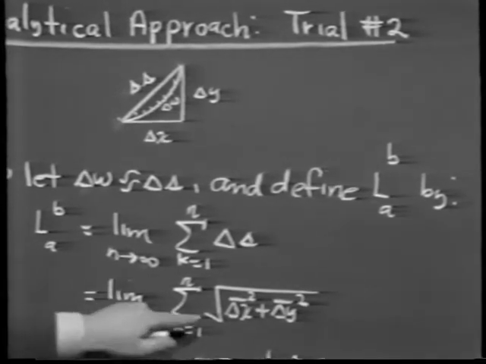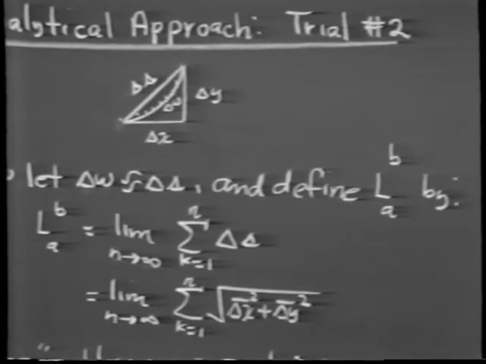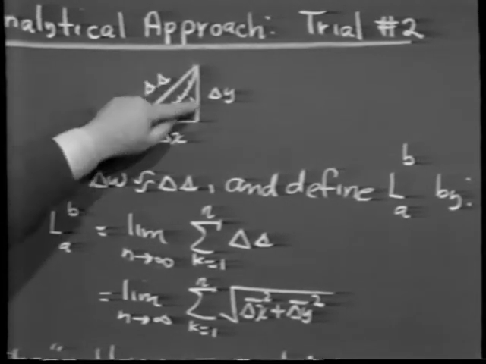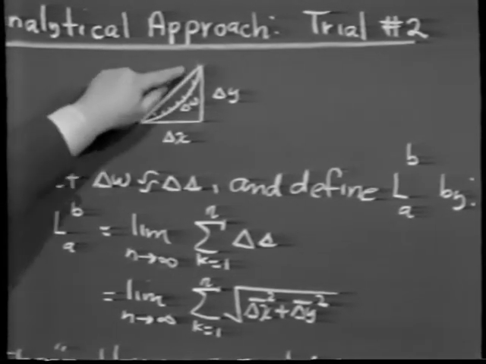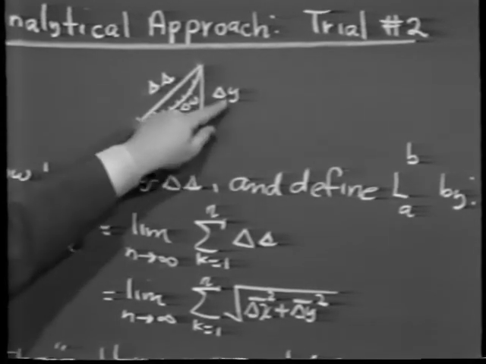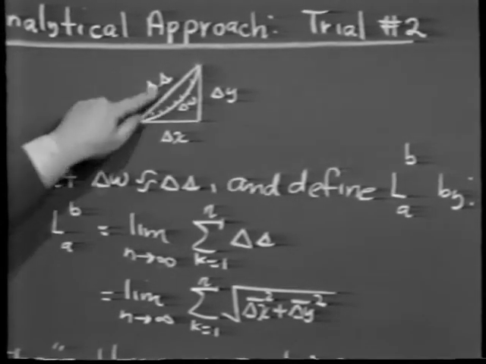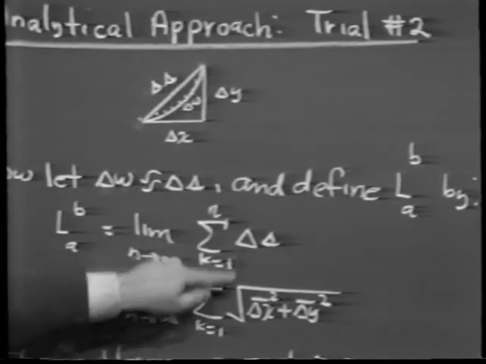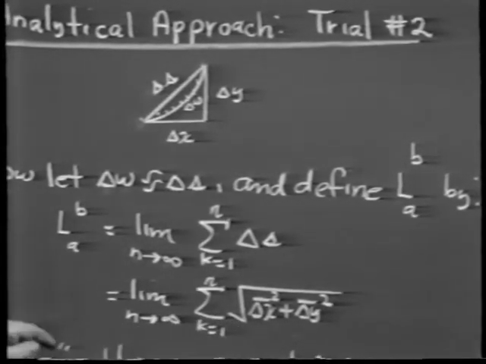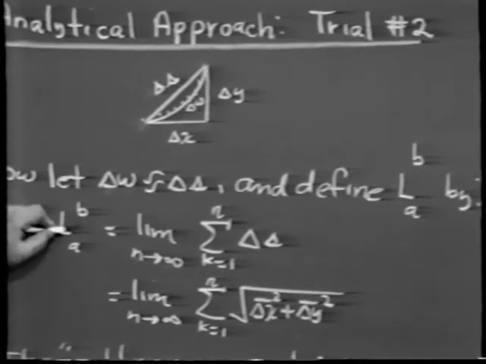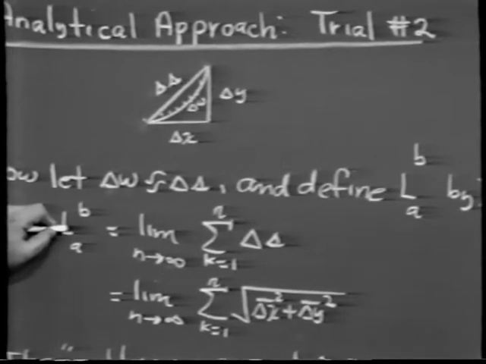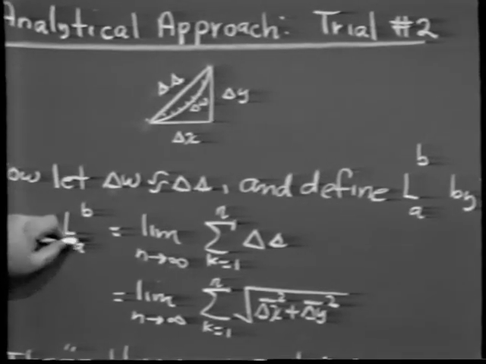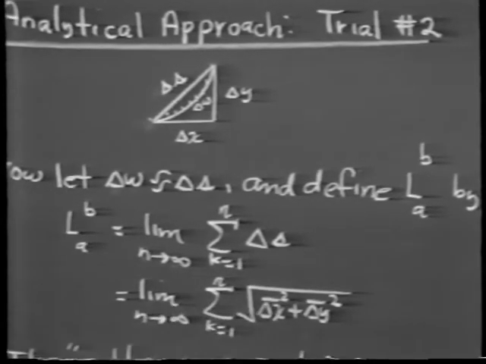And for those of us who are more familiar with delta x's and delta y's, and the symbol delta s bothers us, simply observe that by the Pythagorean theorem, delta s squared equals delta x squared plus delta y squared, so we can rewrite this in this particular form. In other words, I will define capital L, hopefully to stand for length later on, but we'll worry about that later too, the L from A to B to be this particular limit.